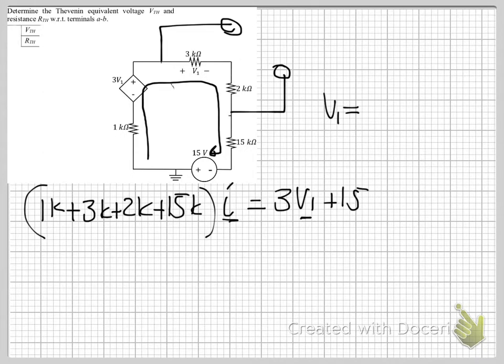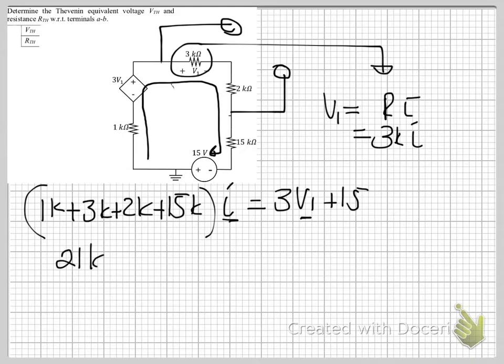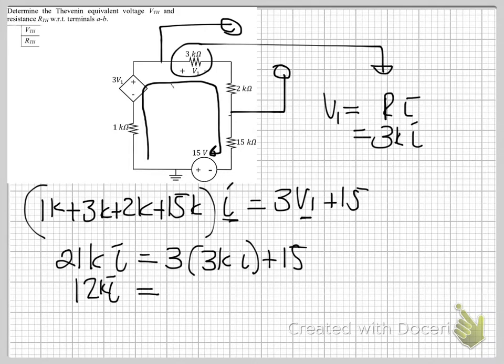V1 is the voltage across our 3 kilo ohm resistor, which is Ri, so therefore it's 3K I. So now this whole thing is 21K I is equal to 3 multiplied by 3K I plus 15, which is 9, so you get 12K I is equal to 15.